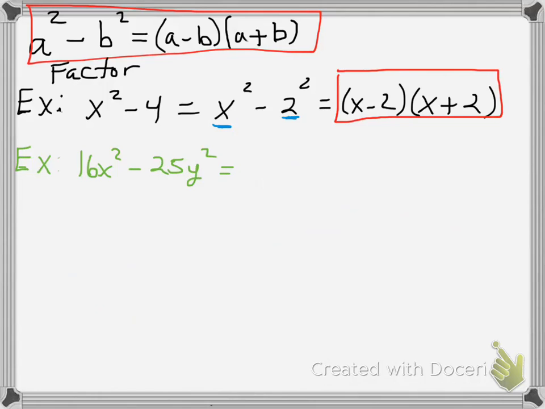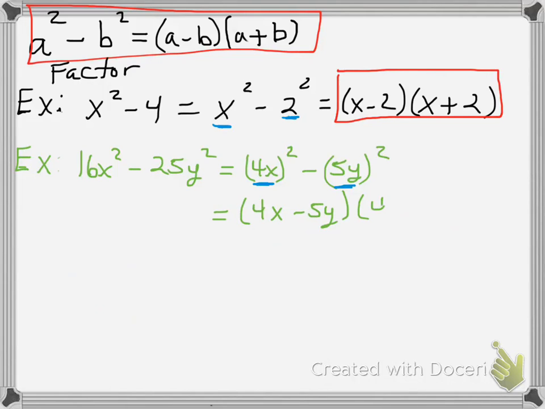So what we can do is we can write 16x squared as 4x quantity squared, and 25y squared is 5y quantity squared. And then again, here's my a, the 4x, here's my b, the 5y, and that's going to factor into 4x minus 5y and 4x plus 5y.